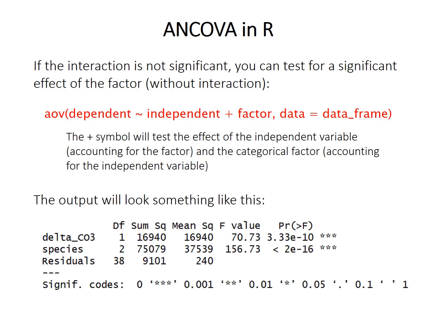The output will look the same, just we won't have the interaction line here because we didn't test for it. In this case, we want to read the data from the line for the factor variable, which is species. The format for the F statistic, the degrees of freedom and the p-value are the same. And those three pieces of information are the key things that you should use when you're summarizing your results in writing.